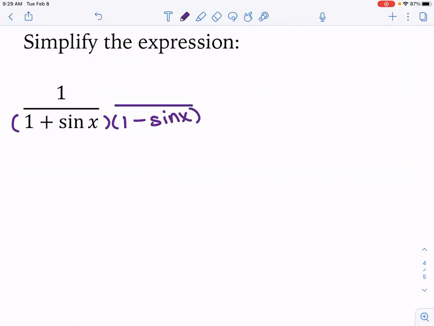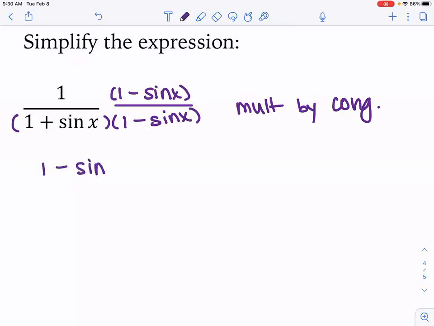We got to do it upstairs too, right? Multiply by the well-chosen 1. Well, how is that helpful? Well, when we multiply by the conjugate, we get a difference of squares. So we get 1 squared minus sine squared.